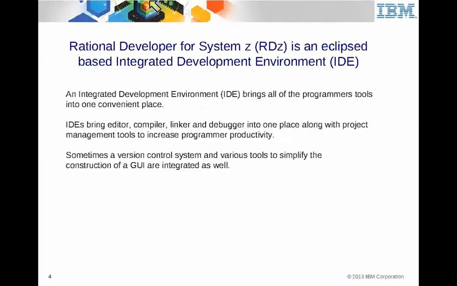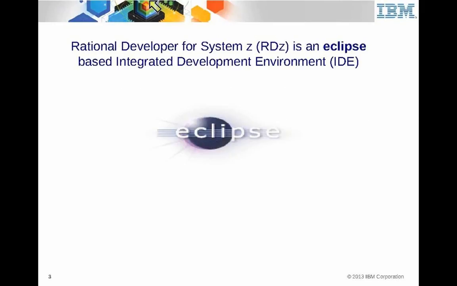Okay, Rational Developer for System Z, as I mentioned, is an Eclipse-based integrated development environment, IDE. If you want to understand Eclipse, you can look at eclipse.org. Many things we use, in fact, this presentation we're using has got Eclipse software in it. Over on the right is the chat line, and I've got other things in here.